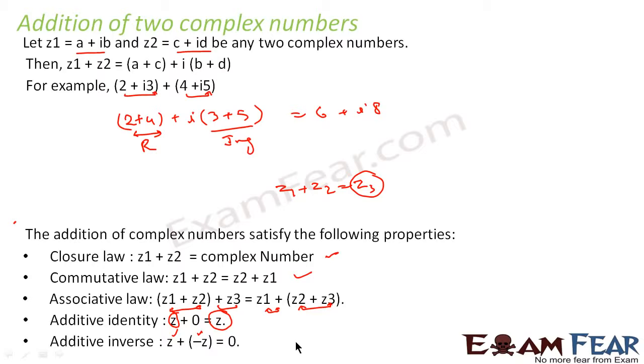So for every complex number, you have a negative of the complex number, and if you add them, you get 0. So please understand, we have these 5 properties defined for addition. Closure law: you add two complex numbers, you get a complex number. Commutative law: z1 plus z2 or z2 plus z1, both are the same. Associative law, additive identity and additive inverse.